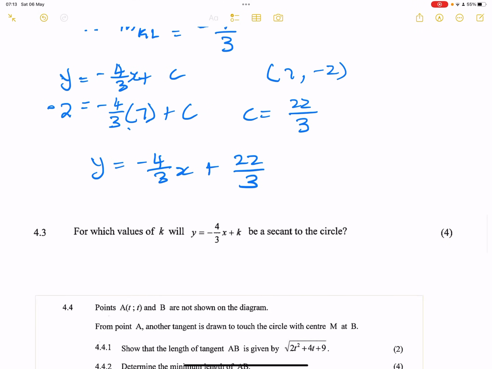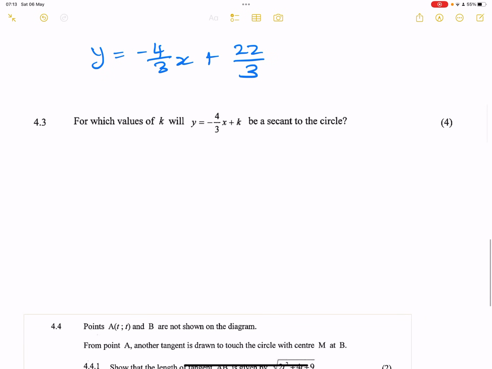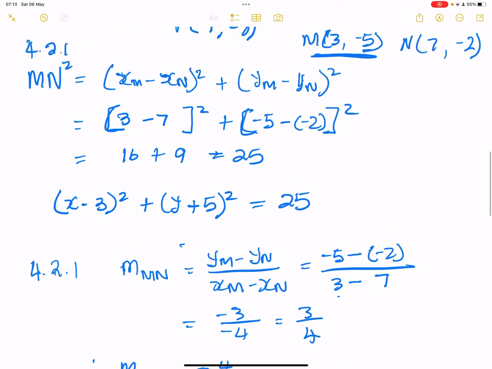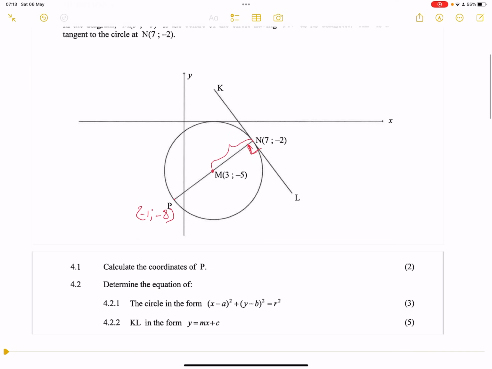Okay, so now let's go on to the next one. They say, for which values of k will y = −4/3 x + k be a secant to the circle? Now remember, what is a secant, ladies and gents? Well, a secant is a line that cuts through the circle more than once.